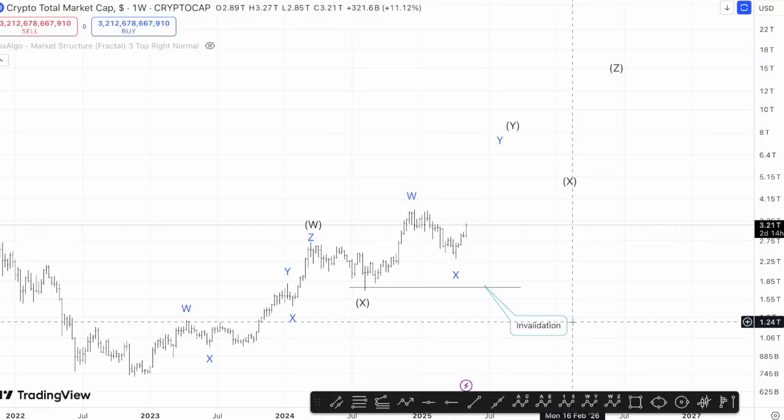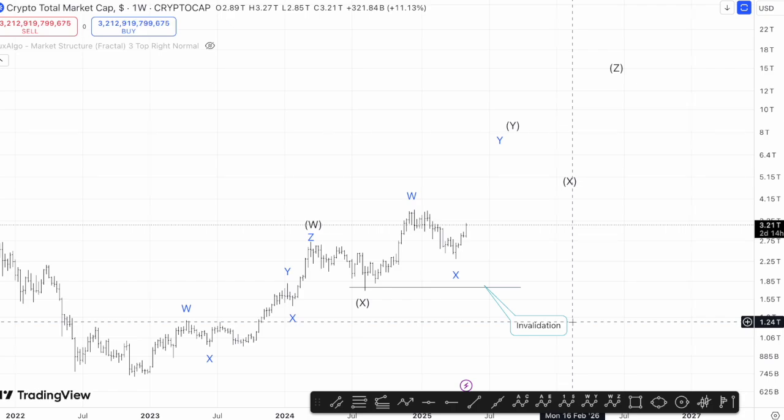Okay, so without further ado, let's jump into the weekly chart of total market cap on the crypto market to gain a midterm view on what the possible scenarios are. If you remember, we have done a previous video on this total market cap on the monthly time frame, called the crypto total market cap big picture.